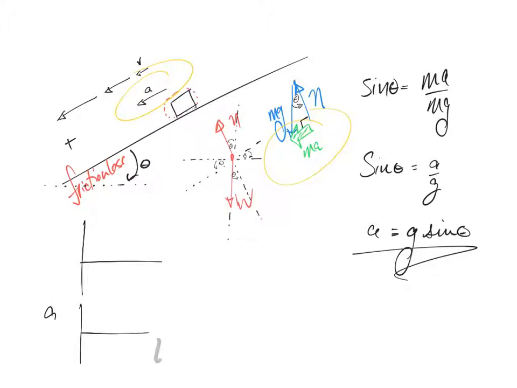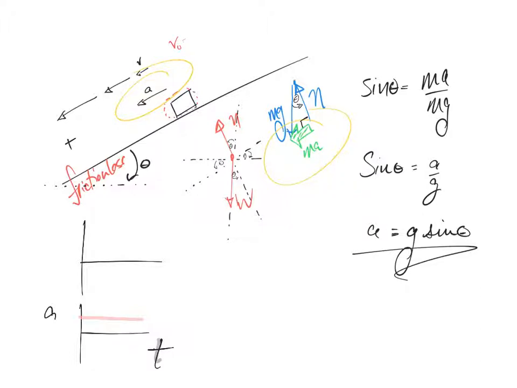So acceleration, which would be positive, would be kind of a shape like that, right?